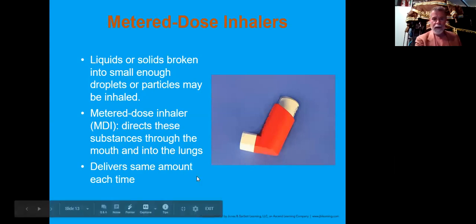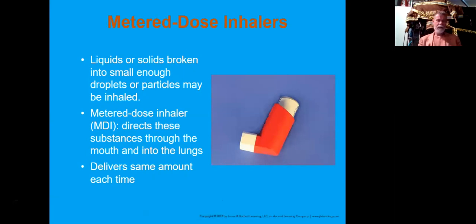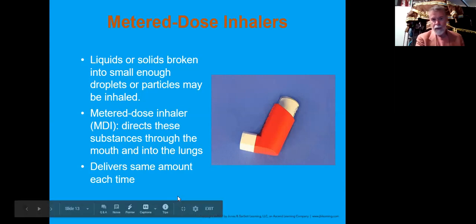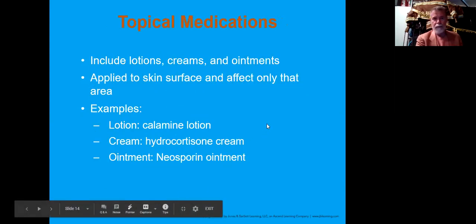But what's important about an MDI, and it's in the name, metered dose, it delivers the same amount of medication each time, right? They take a puff, they may wait a couple of seconds, they take another puff, but typically 2 puffs equal a dose, and that may be anywhere from 5, 10 to 15 minutes apart. Typically, I've seen the 5 minutes apart, but read the box, know how you're actually going to administer or assist with that.